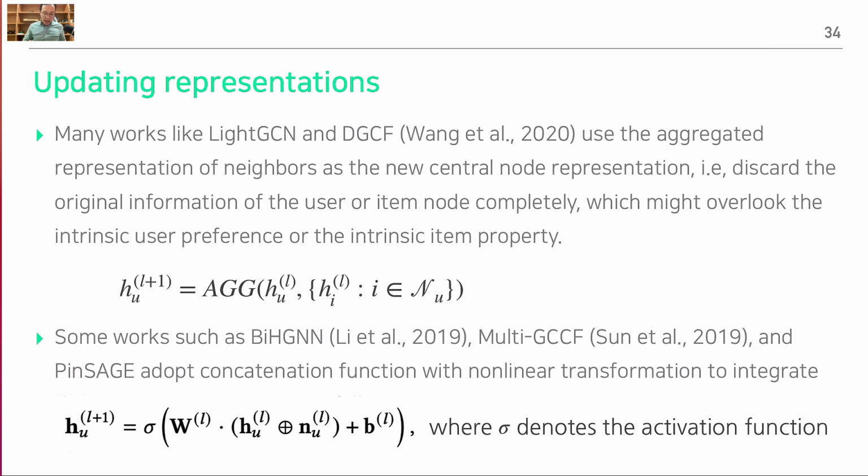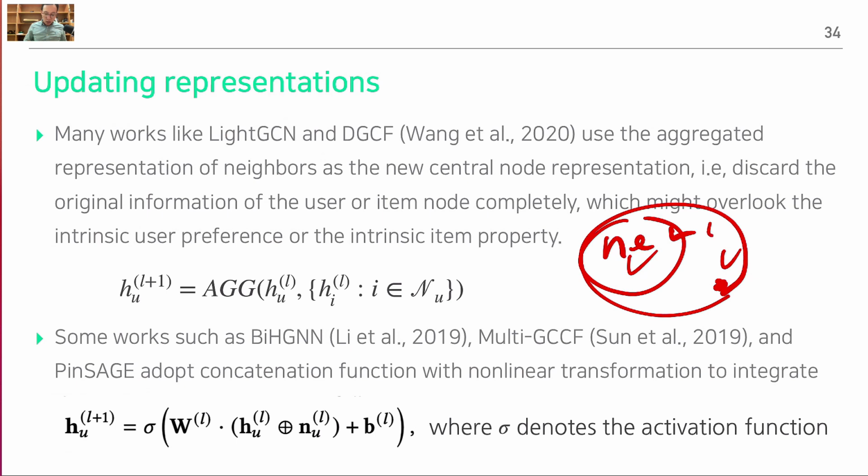So now you have the neighboring node representation and your own node representation. So you have two different types of representations, and we aggregate once again to decide the updated representation, which will be used at the upper layer.